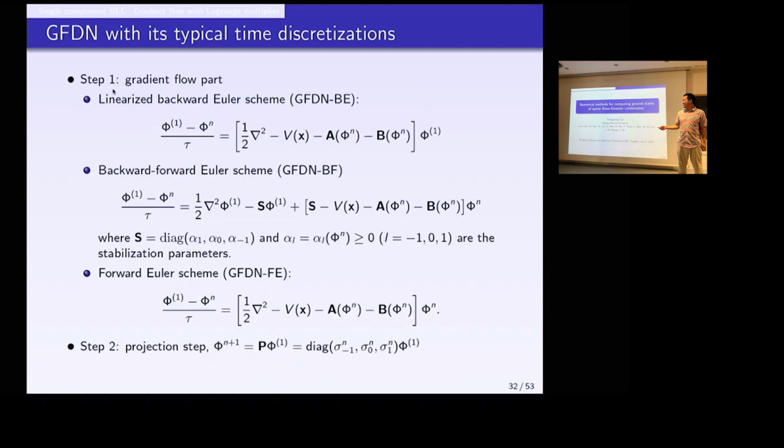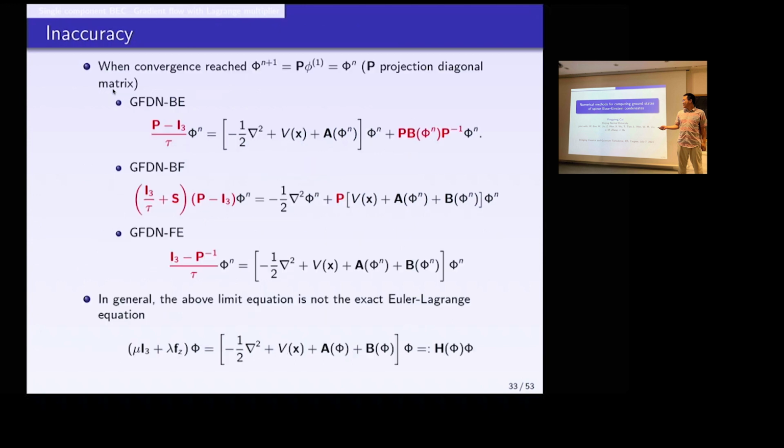And one thing we want to emphasize is that in this multi-component case, if we do not add the Lagrange multiplier, and we do some classical discretization, like explicit, implicit, partial implicit partial explicit, or fully explicit, then usually there will be some accuracy problem due to the time discretization.